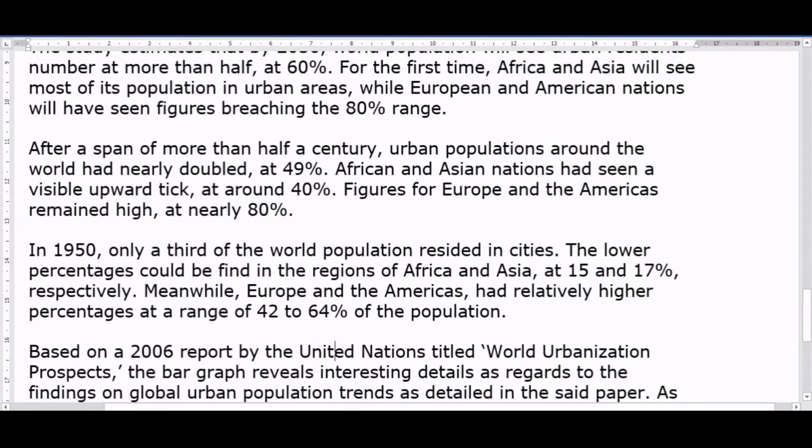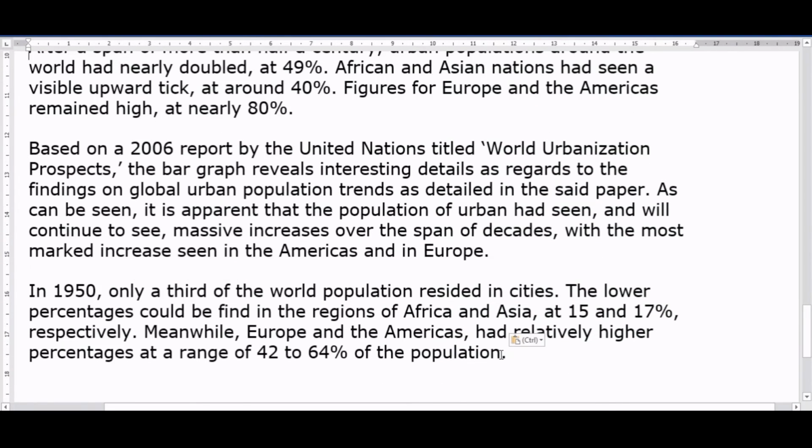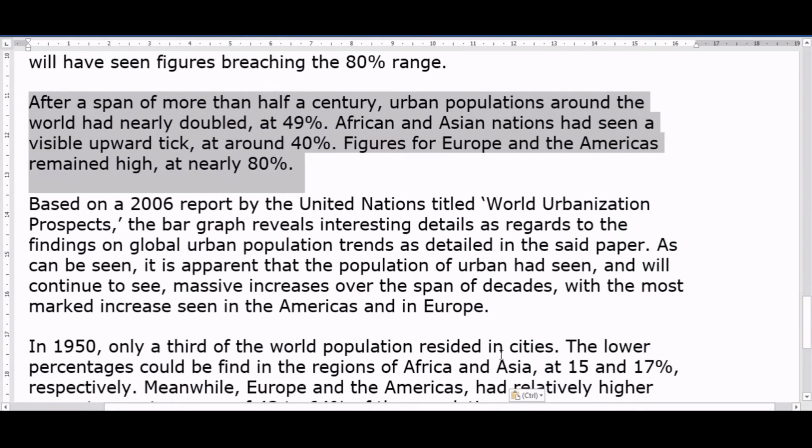Maybe we can just fix the paragraphing so that we can fit it all under one screen. Alright, so let's see how many words this took me. So hopefully it didn't take too many words.